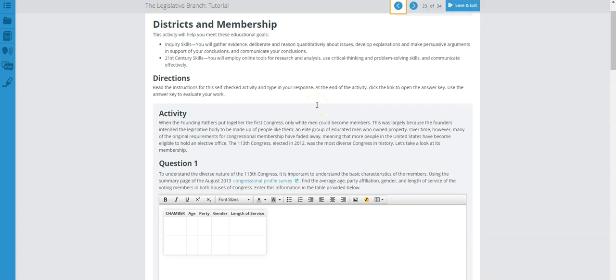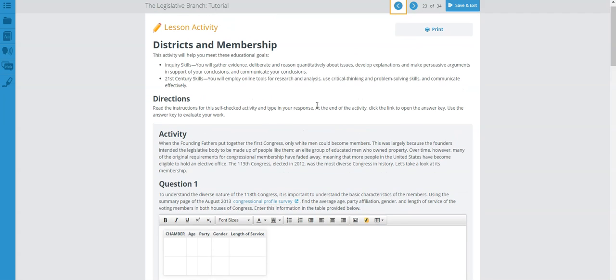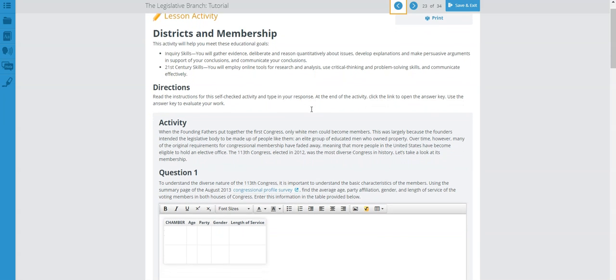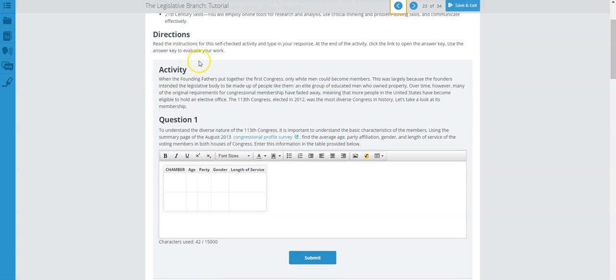We are now on page 23 of the legislative branch tutorial, and this is basically a lesson activity that you have to do. Make sure that you read the directions in order to understand what you're being asked to do. And let's read the activity part right here, and then question 1, so you'll know what to do for all of the blanks that you need to fill out or respond to.